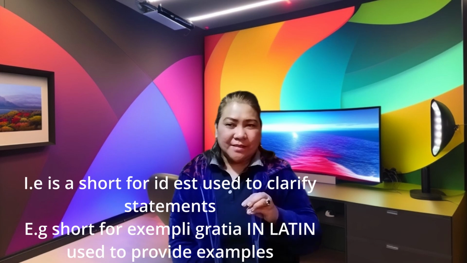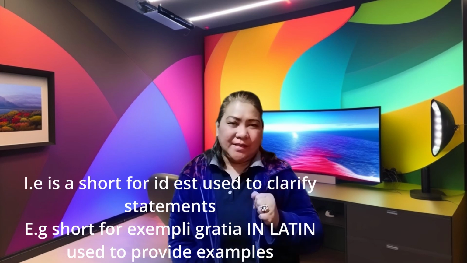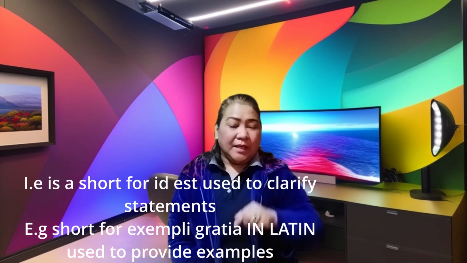The next one is number six, which is i.e. versus e.g. I.e. is short for id est and is used to clarify statements.